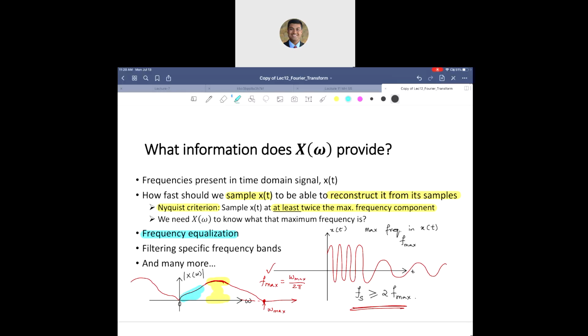Suppose that you have a communication channel between you and me, and it so happens that all the low frequencies in my voice are going to you. But when I talk in a very high frequency pitch, let us suppose that those frequencies get attenuated.